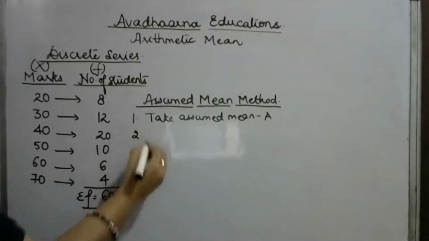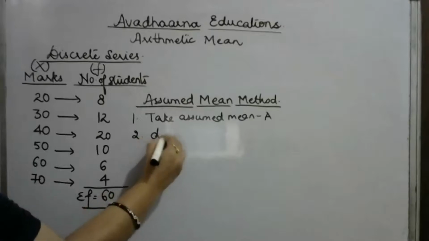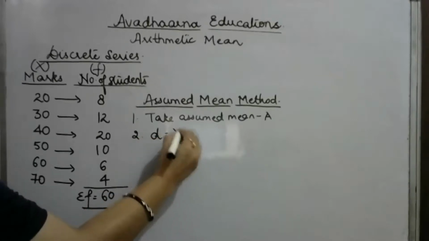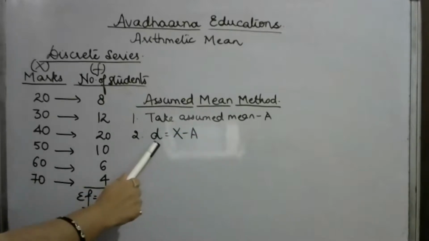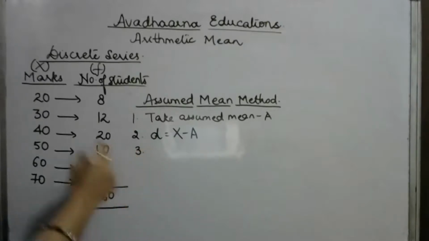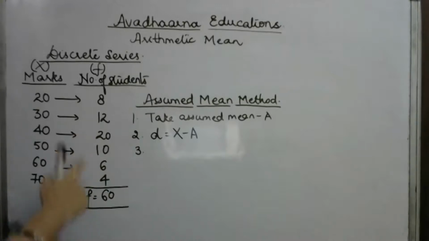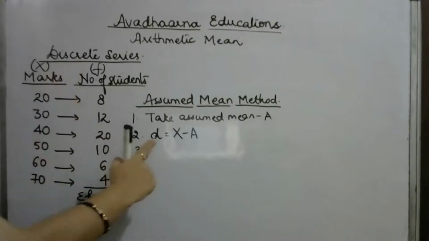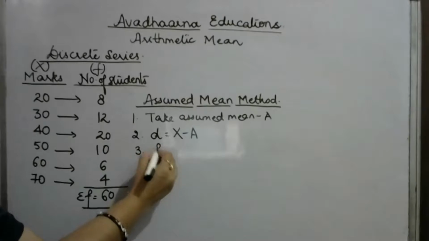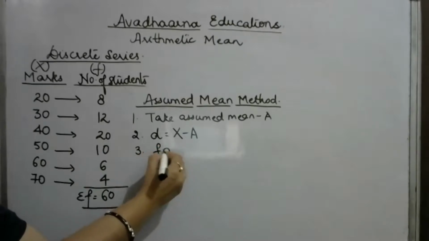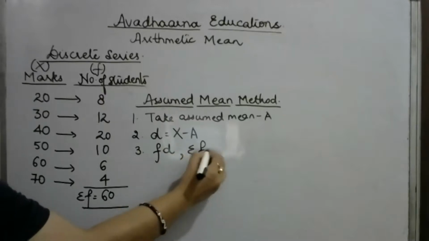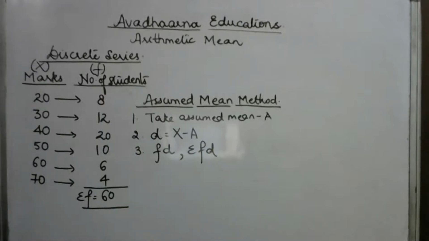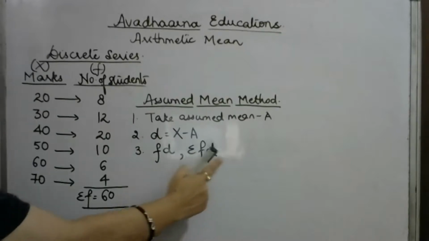Then second step is that we are going to take the deviations from the assumed mean. So we are going to subtract this assumed mean from x and we'll find out the deviations. Now third step, since we have got frequency in this series, we are going to multiply all the deviations calculated with the respective frequencies, and then we'll take the summation of FD.